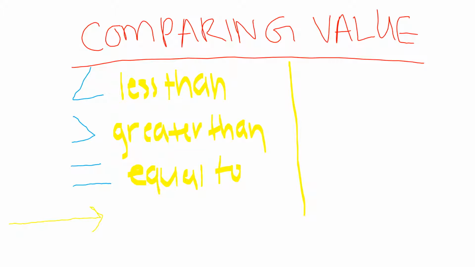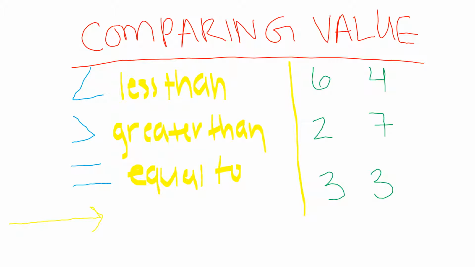If we go over to an example, I'm just going to do three quick examples. So we have these three sets of numbers, and we can compare these different numbers by using our signs.